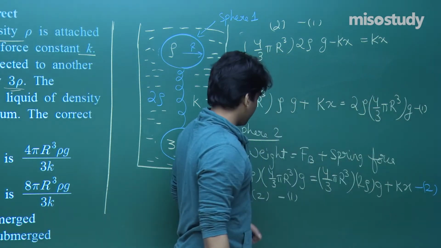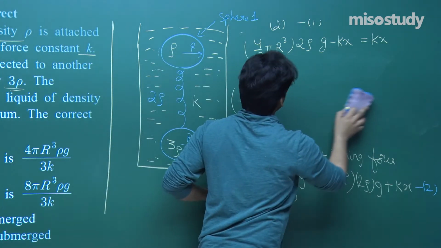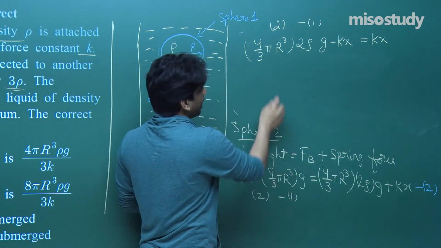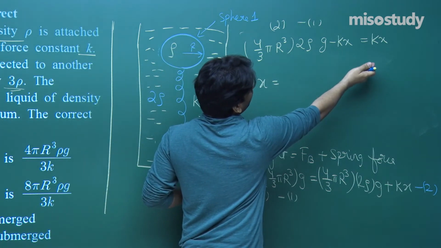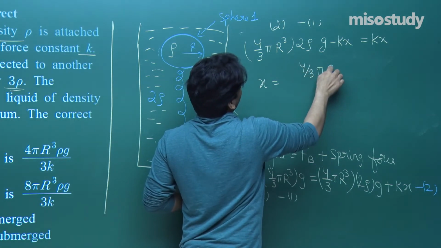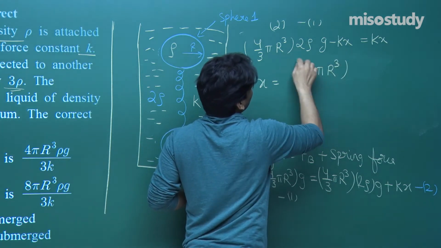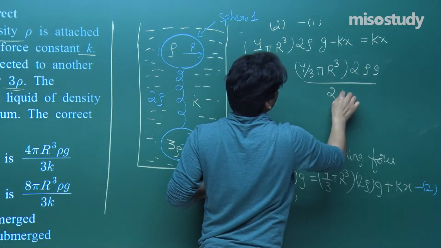So from here we have used equation number 1, equation number 2, the value of x will come out to be, you see here, this will go 2x, you will be getting 4 by 3 pi r cube multiplied with 2 rho g divided by 2k.